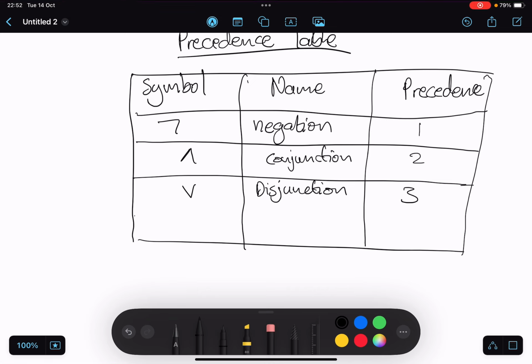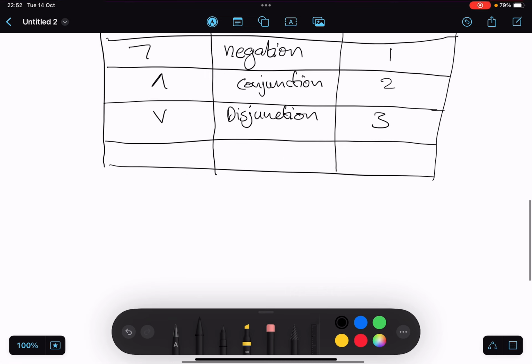We also have the implication, which is 4.